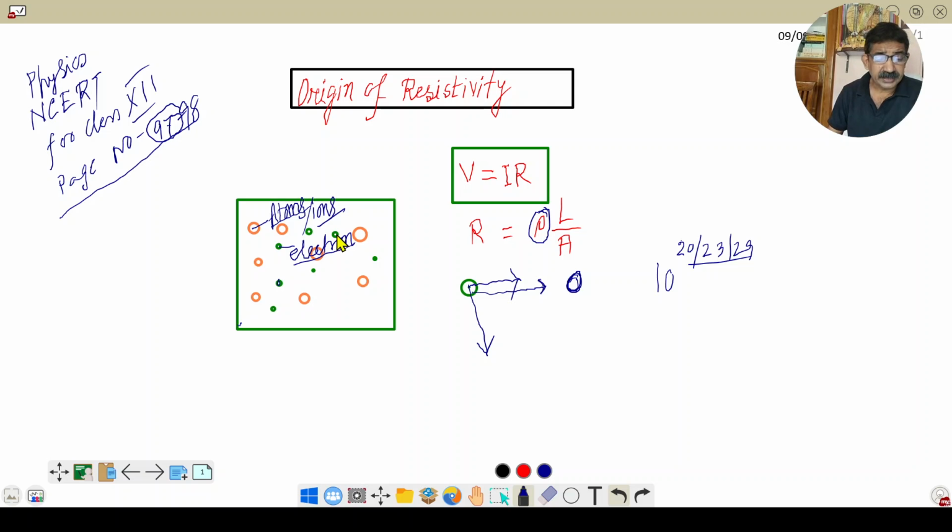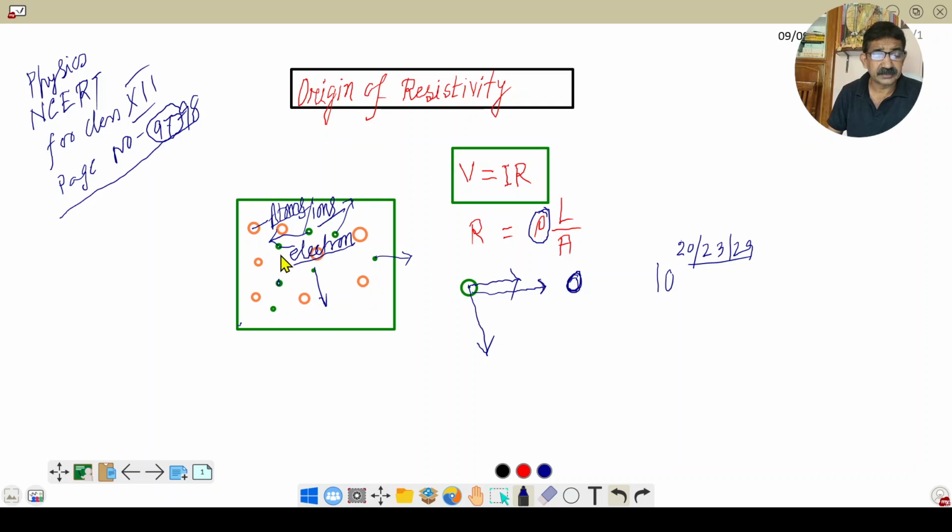And as the electrons move in all possible directions, there are so many different directions. This is one direction, this is another direction, this is another direction. There is no fixed direction.